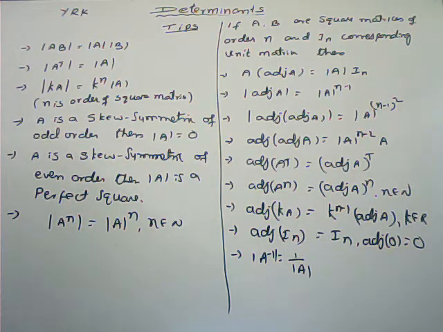If A is a skew symmetric matrix of odd order, then det A is equal to 0, and if A is a skew symmetric matrix of even order, then det A is a perfect square. Det of A power n we can write as det A whole power n also, where n belongs to natural numbers.